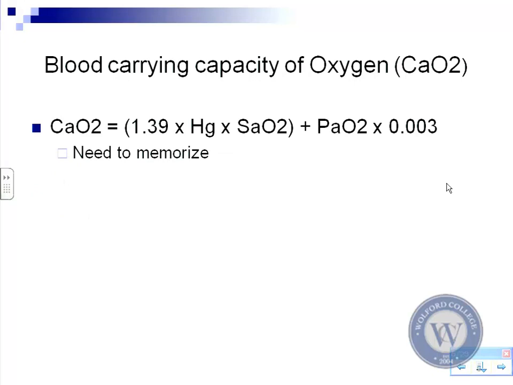Now, that's what we call the oxygen carrying capacity. This description of these two companies is made up by this equation called the oxygen carrying capacity. It tells me how efficient my two companies are. So where are our values here? I'm going to make this one blue. This is my plasma dissolved.